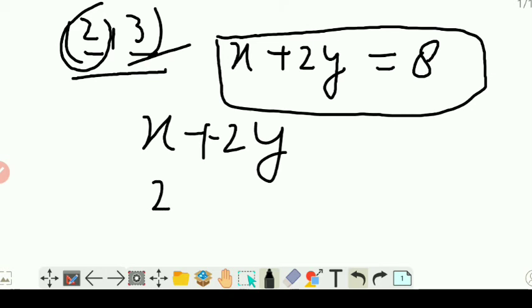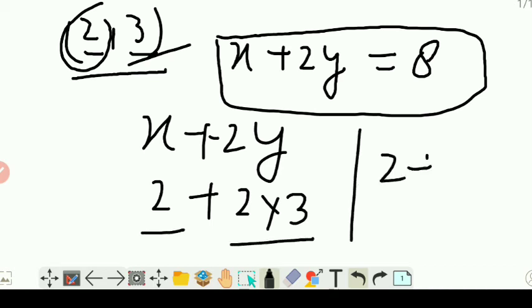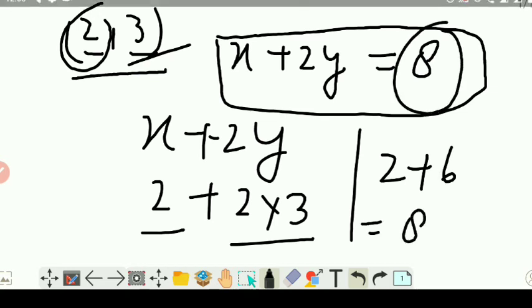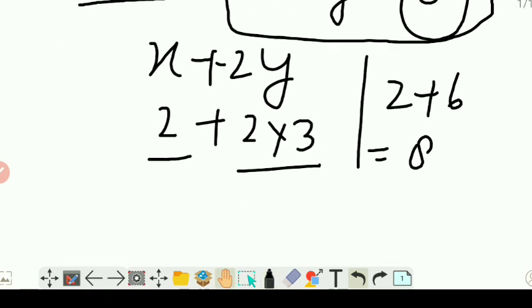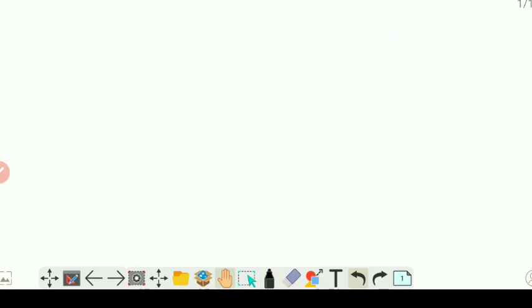So 2 plus 2 into 3, which is 2 plus 6, that is 8, and on the right-hand side it is also 8. That's why LHS equals RHS, so 2 comma 3 is the solution for the given equation x plus 2y is equal to 8.